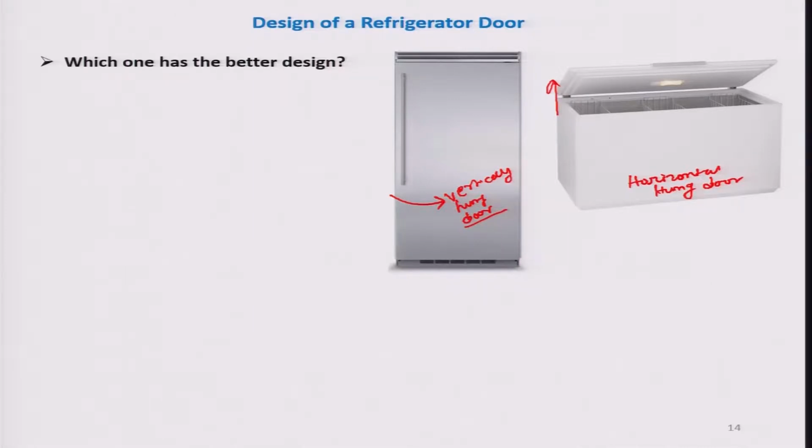So we will have to decide which one has the better design, but you can't say in a broad way which one is the better design. Always you will have to focus on what your requirement is. A designer will ask you what your requirement is, then only can he say which one will be better for your purpose. So first you will have to decide your functional requirements.